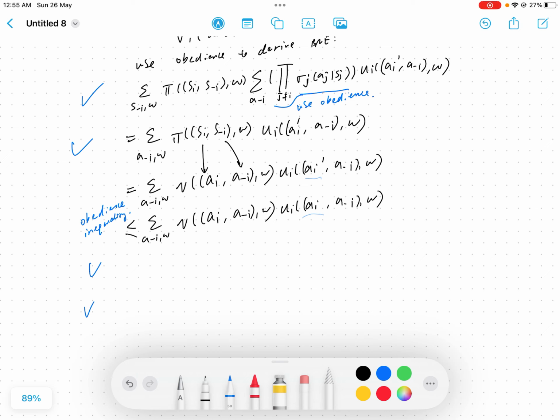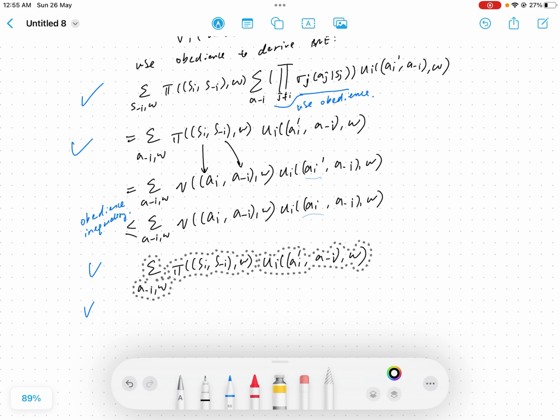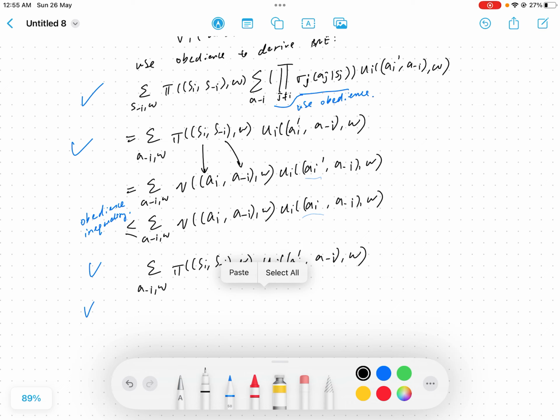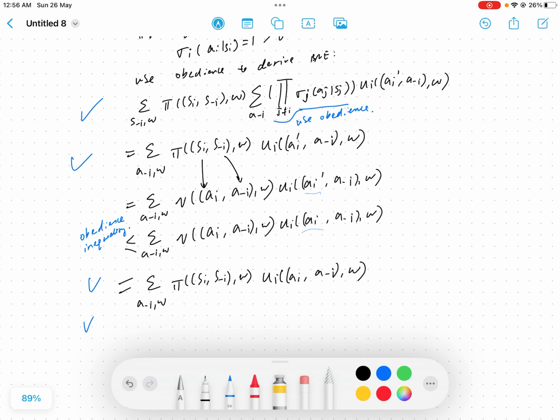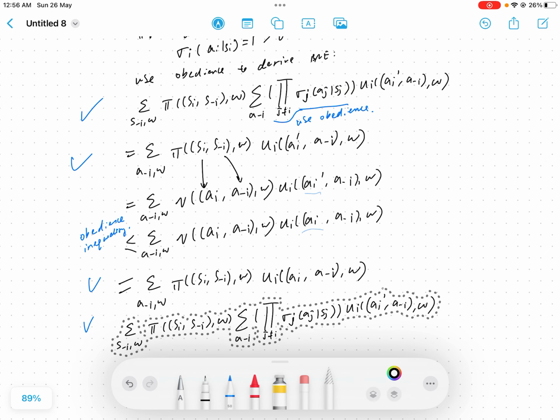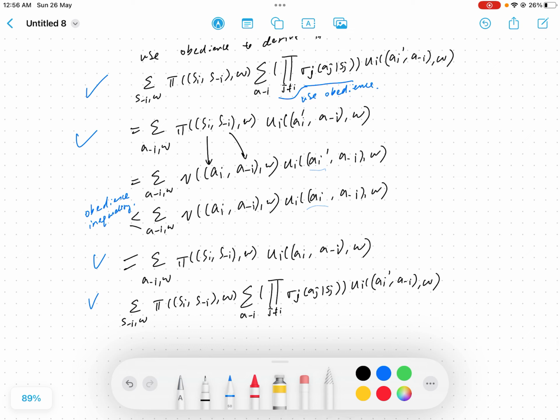So we just copy and paste this one. This is just equals, and we erase this prime. Then we copy and paste the first term, and of course remember to erase the prime.